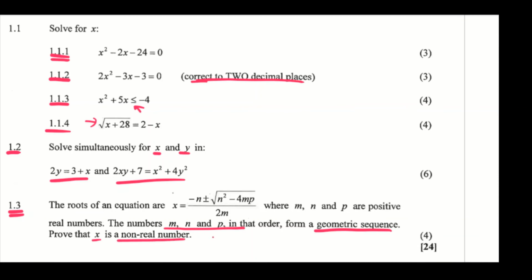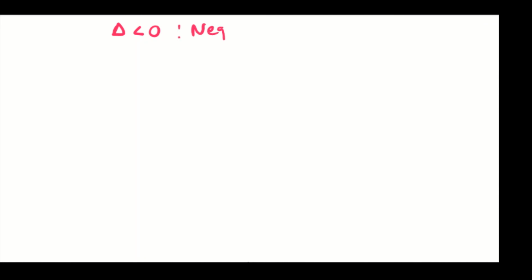So we all know that for a non-real number, the discriminant is less than 0, right? So that's the aim. We need to find a discriminant that is less than 0. A discriminant that is less than 0 means that the solution must be negative. So whatever solution we find in this problem, it must be negative.